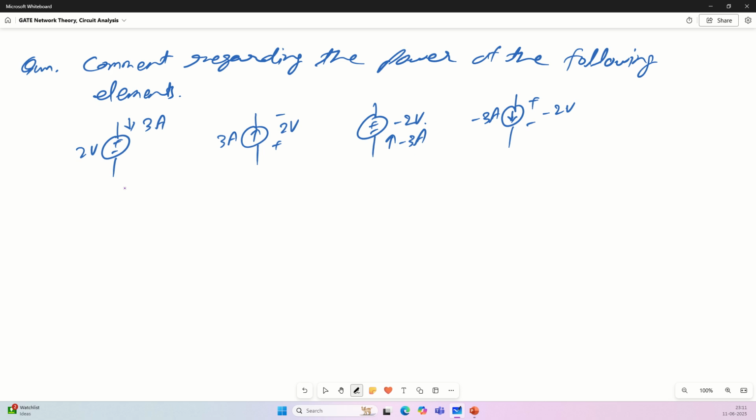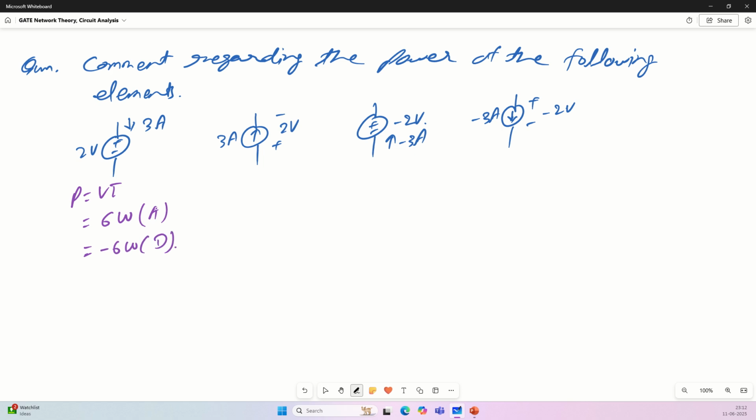All right. So can we write it down for the first one? My power is what? V into I, right? So power is nothing but V into I, which can be written as 2 into 3, that is 6 watt. Now you tell me, the current is entering from the positive terminal. So I can write 6 watt absorbing, and similarly it can also be written as minus 6 watt delivering.